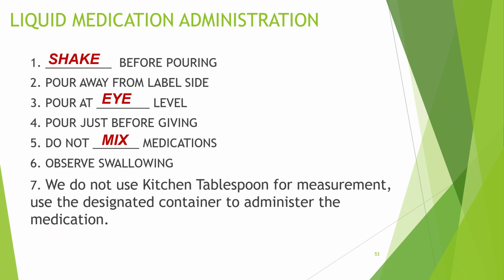So bend down and make sure you got the right level of the medication. 4, pour just before giving. 5, do not mix medication. 6, observe swallowing. 7, we do not use a kitchen tablespoon for measurement. We use the designated container to administer the medication.